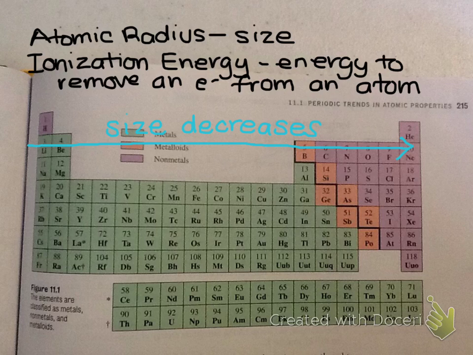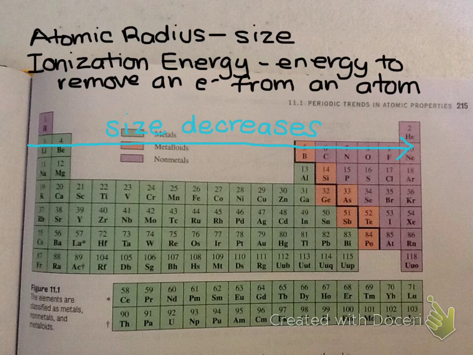And so as you go across the energy level, not only are you adding electrons, but you're also adding protons to the nucleus as you change from one element to the other. And so you have more positive charge inside of the nucleus, and so in that particular energy level, for example, in the second period, all the electrons would be going into the second energy level. They're able to pull those electrons closer because you're increasing the positive charge inside of the nucleus. So that's how we can understand that they're getting smaller as you go across.